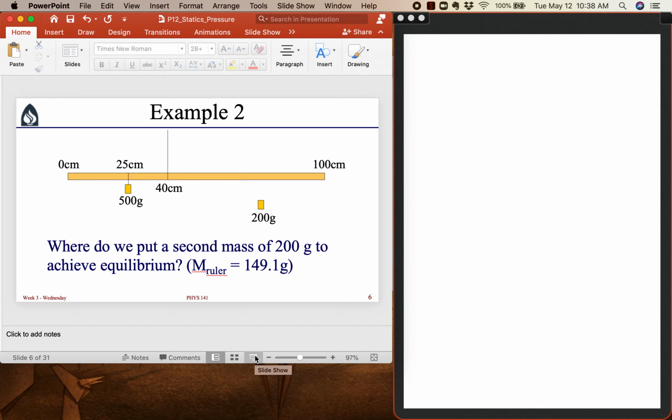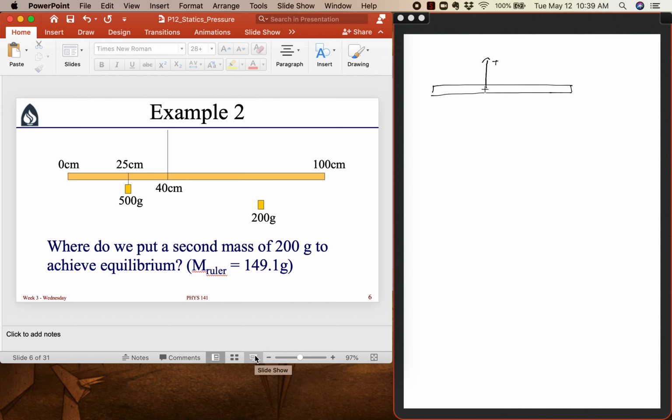So let's take a look at this problem. First, we'll want to draw a picture of the ruler and show all of the forces on it. So here is our ruler. And we know that we are hanging the ruler at the 40 centimeter mark. So we have some tension force from a string being applied at the 40 centimeter mark.